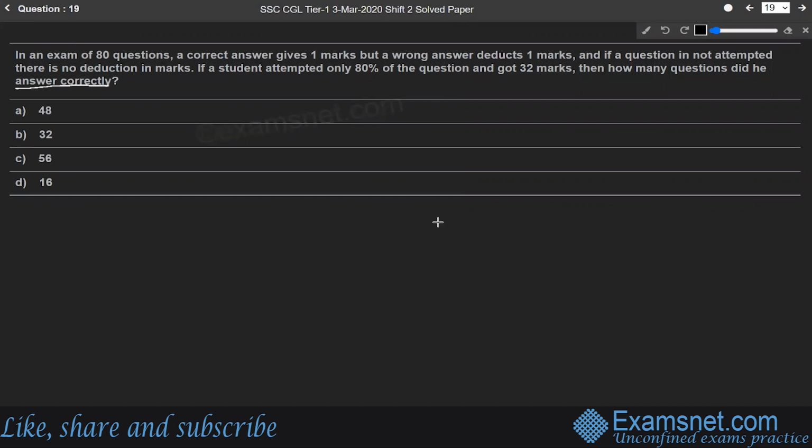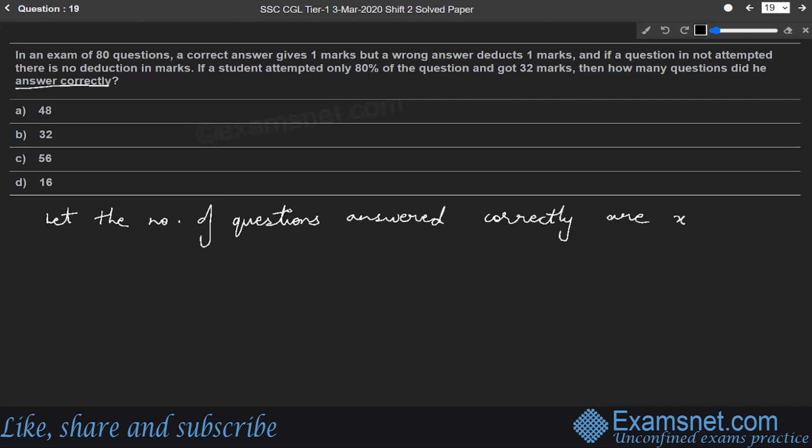Firstly, let us assume the number of questions answered correctly are X. So the student answers X questions correctly.